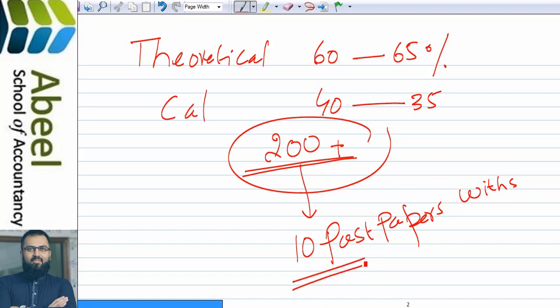If you come up with more and more interest in P6, then I don't mind going beyond 10 past papers. Lots of my own questions and examples will be included in these 200 questions. But I'm committing at least 10 recent past papers, and there are chances we can go even over and above that.